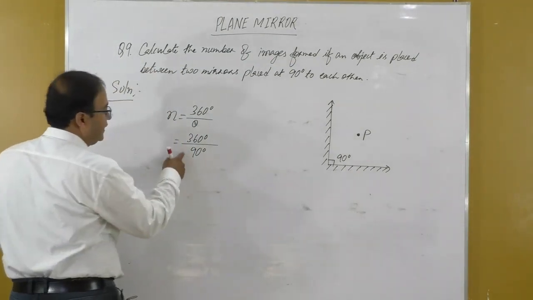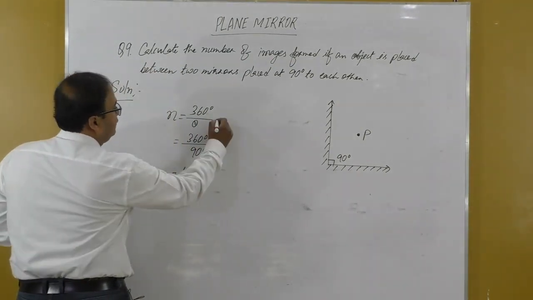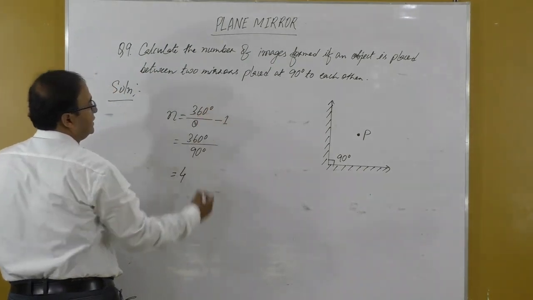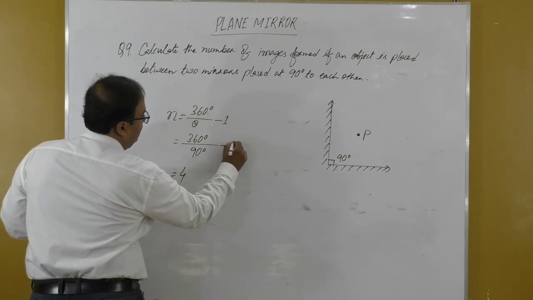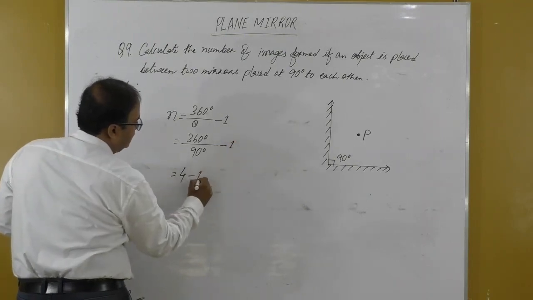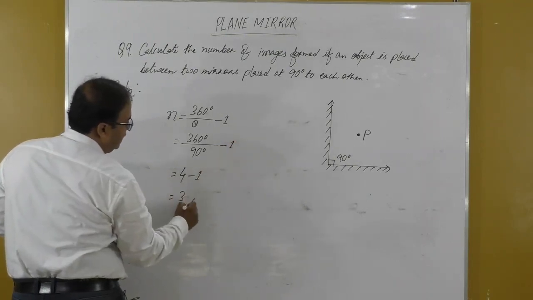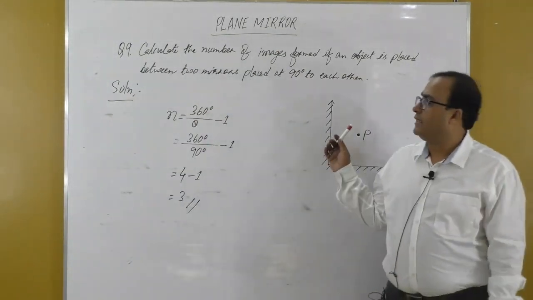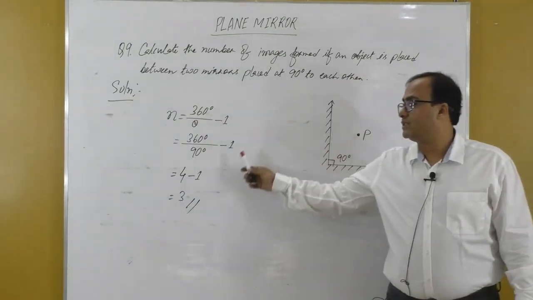So here we are getting an even number, 4. So we'll modify the formula, we'll subtract 1 from 360 degree by theta. So minus 1 here, and the number of images is now 3. So if two plane mirrors are placed at an angle of 90 degree to each other, the number of images formed will be 3.